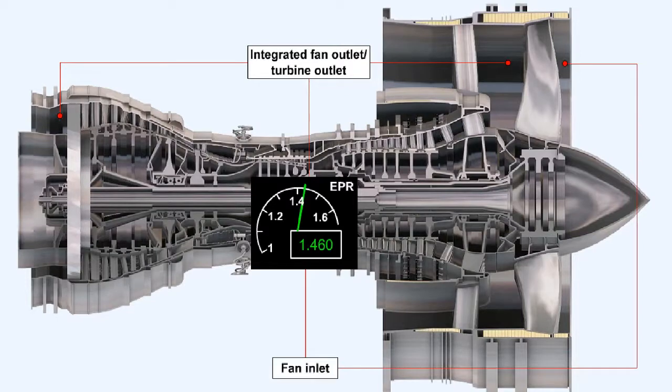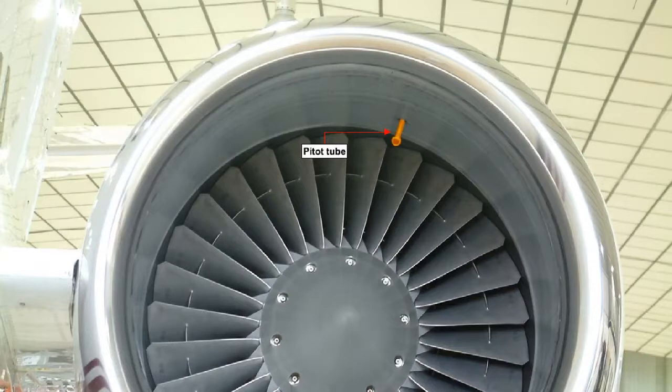The figure thus obtained is then compared to the compressor inlet pressure to produce what is called integrated EPR. Pitot tubes, suitably positioned, sense the pressures which are required to work the system. The tubes can either be connected directly to the indicator in the cockpit or to a pressure transmitter which is electrically connected to the indicator.